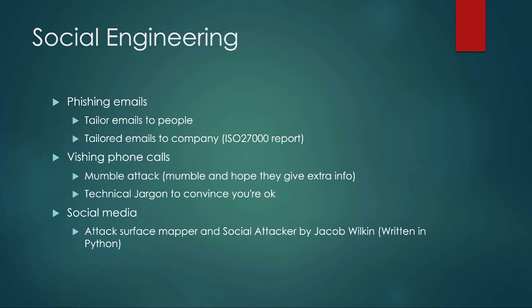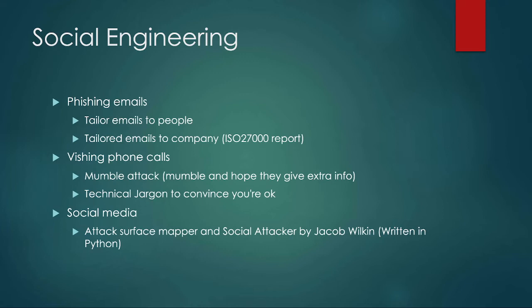You might also end up seeing some things with what's called vishing phone calls. One of the ways that people sometimes do this is what's called a mumble attack, where you basically mumble into the phone and hope that people will fill in the blanks. Sometimes you'll use technical jargon so that you can confuse people into giving information that they would not normally give. There's also some options for social media scraping.